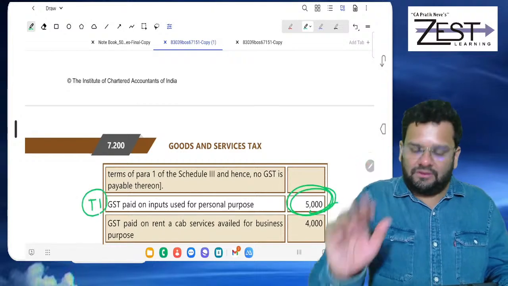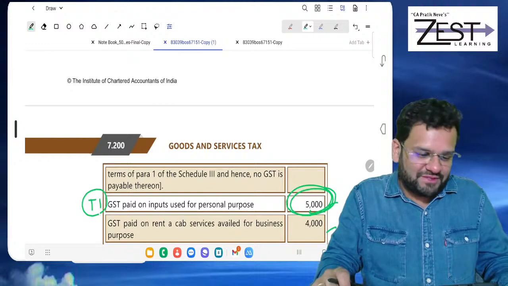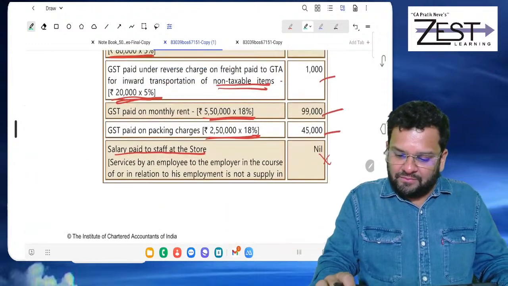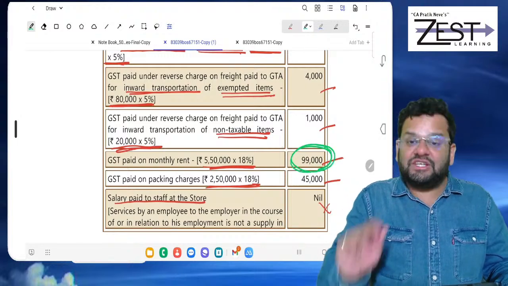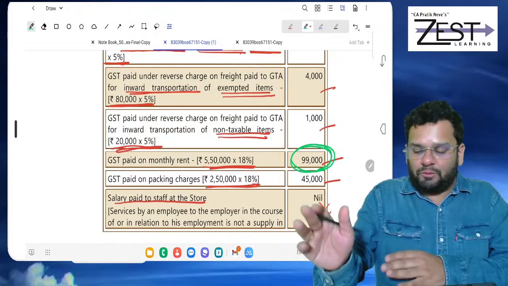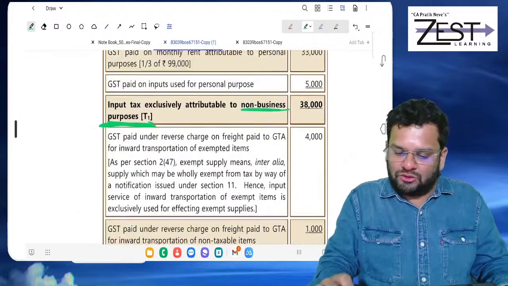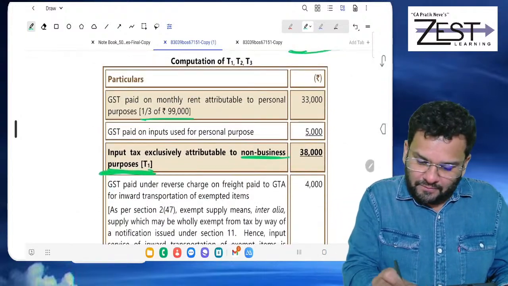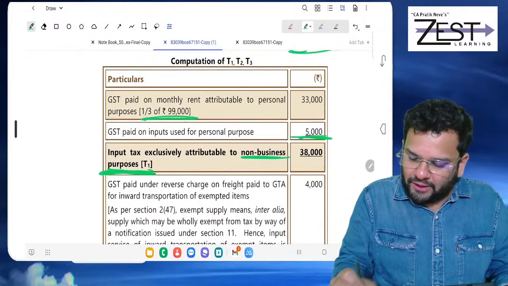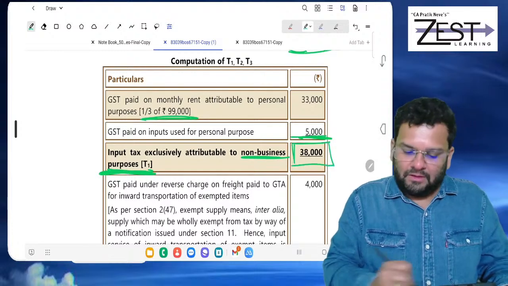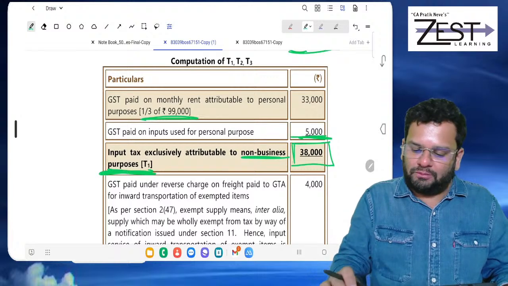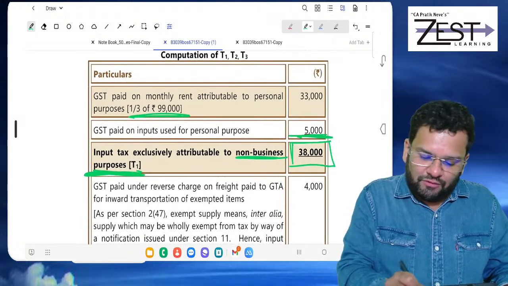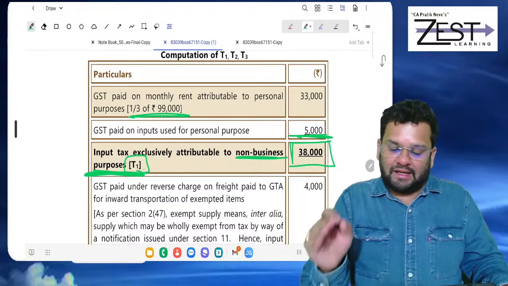This is T1, means eligible for T1 I am saying. And secondly, out of the rent of 99,000 GST, you know 1/3 is for personal. So 99,000 into 1/3. Did you get it? These 2 points. So you will get input tax exclusively attributable to non-business purpose, that is T1, as 38,000.